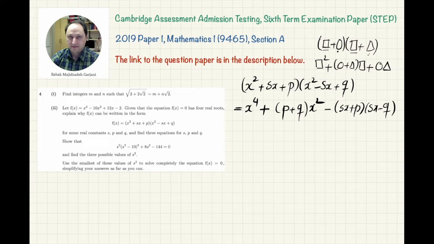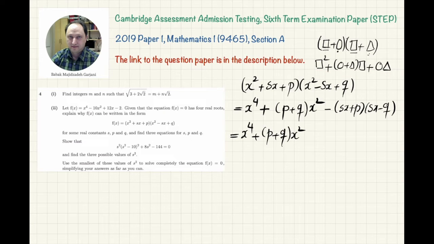Then I can use this identity once more: this plays the role of the box, this the circle, and this the triangle.